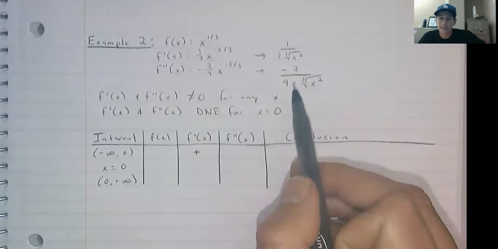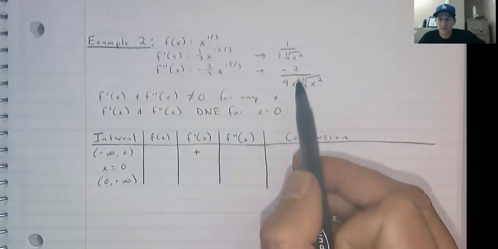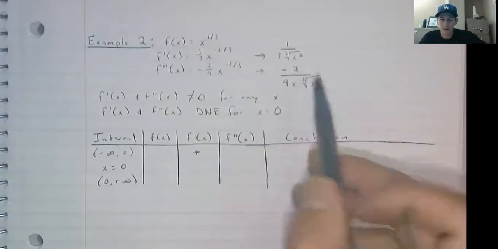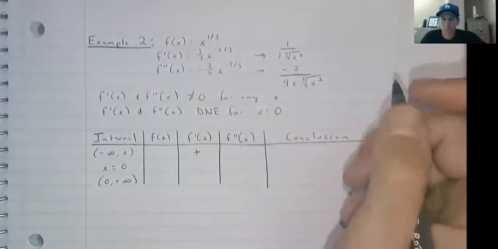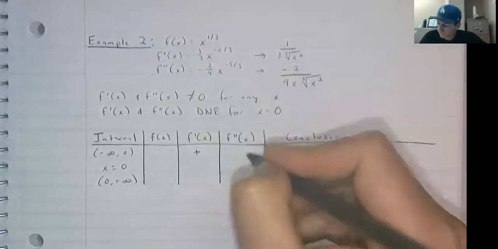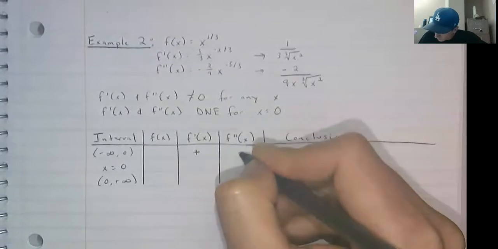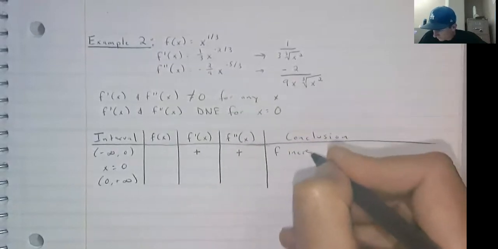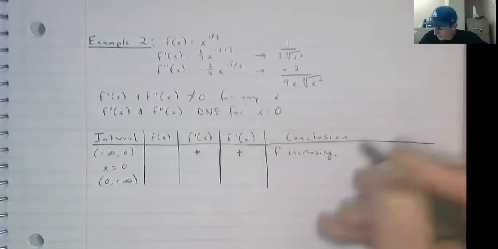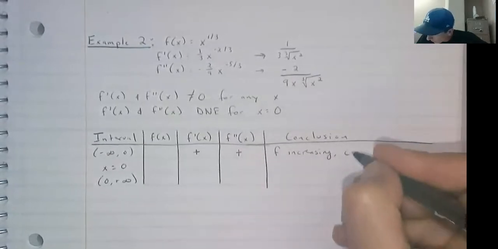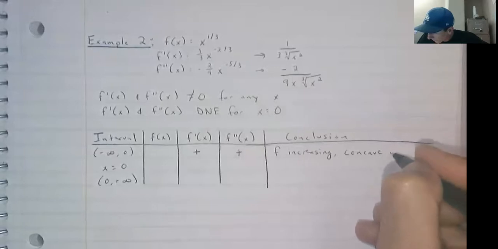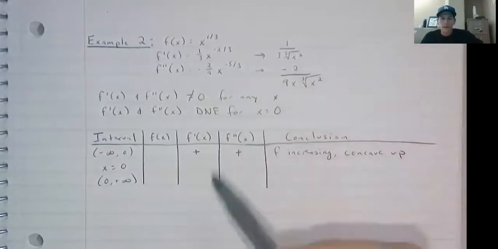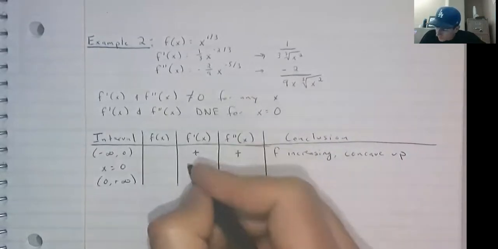This guy is going to be negative, which means this guy combined is going to be positive. Can I check out? Sure. Which means f is increasing and concave up. Cool.